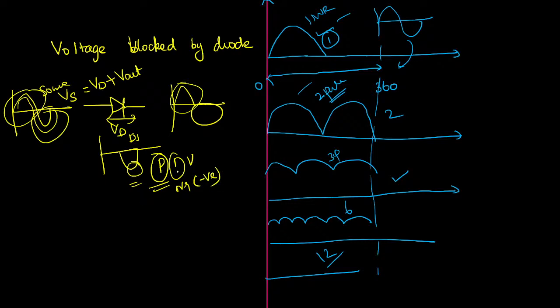So while writing the expression, you need not put the minus in front of the expression. Peak inverse voltage, you need not write minus Vmax. This minus is not required. Why? Because the name itself suggests peak negative voltage, negative peak inverse. That is called peak inverse voltage.